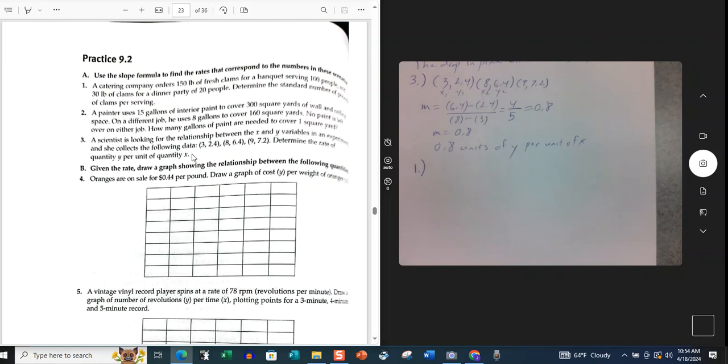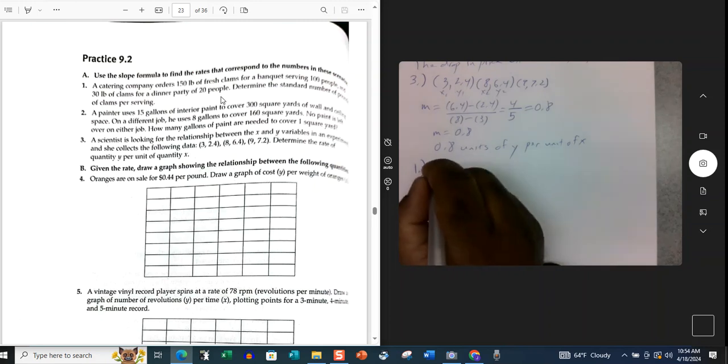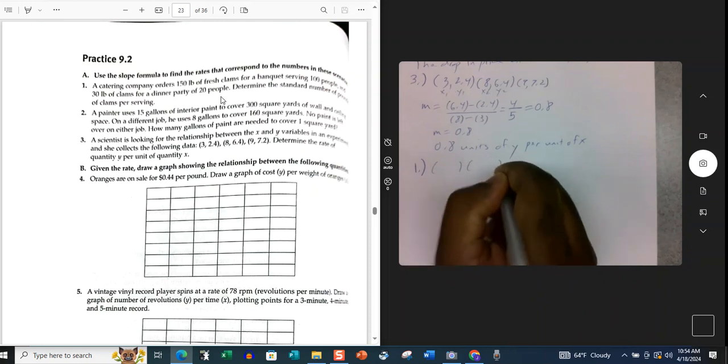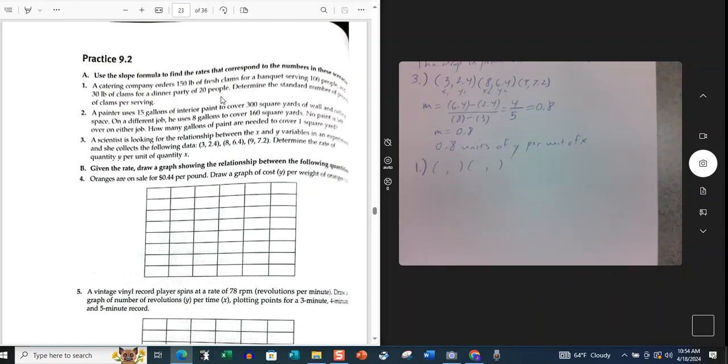Determine the standard number of pounds of clams per serving. Okay, so they want pounds to be your Y value. Remember, I told you your first value, which would be pounds, is your Y. The servings, after the per, is your X.